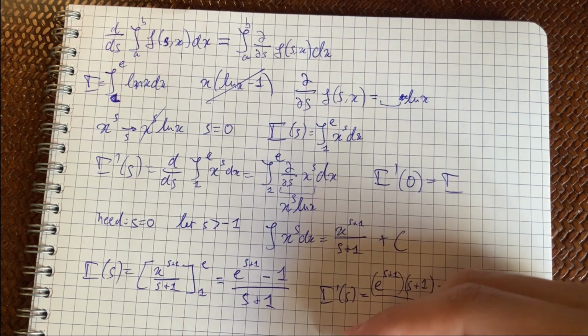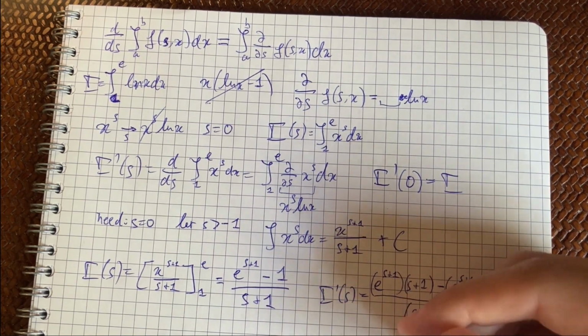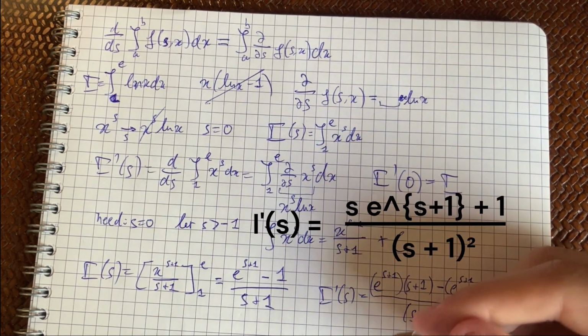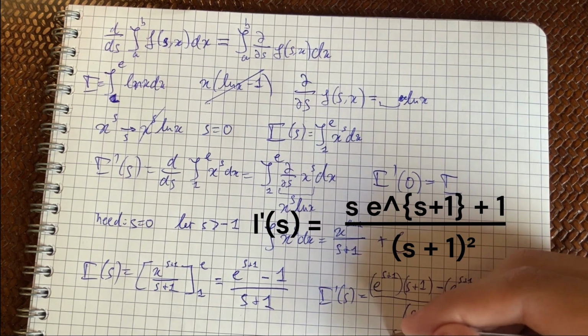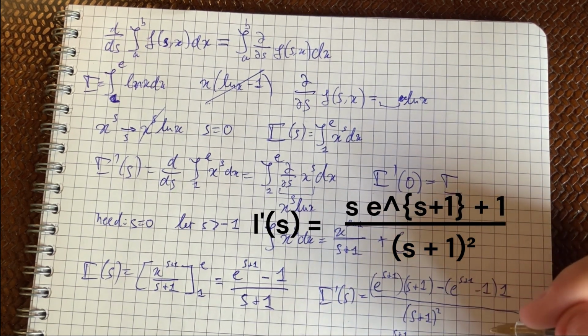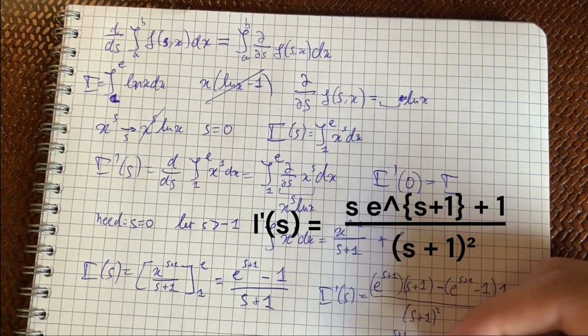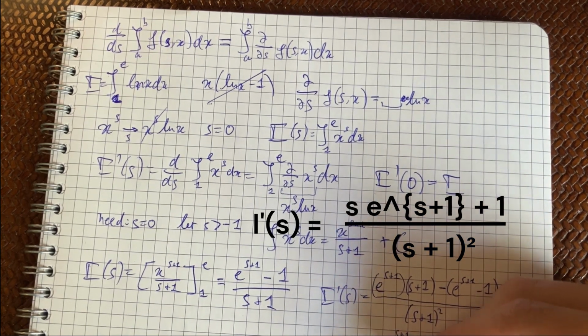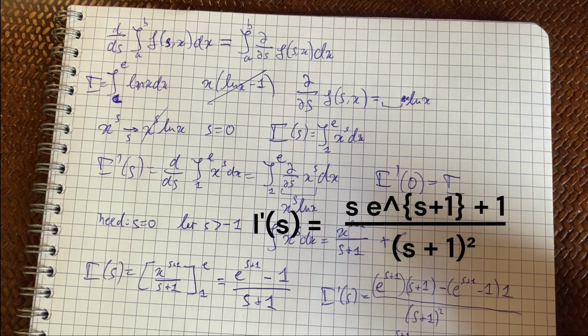Okay, and this simplifies. Now we have I prime of s equals s e to the s plus 1 plus 1, all divided by s plus 1 squared.